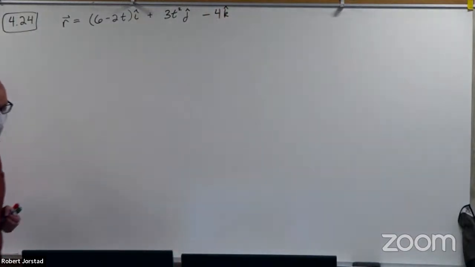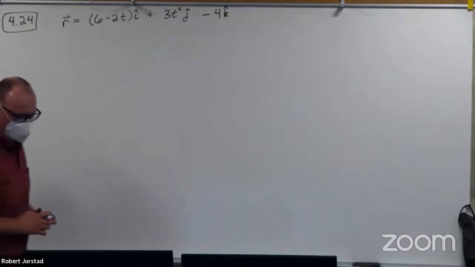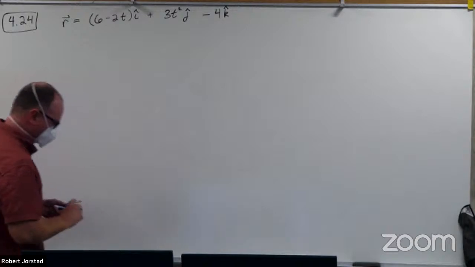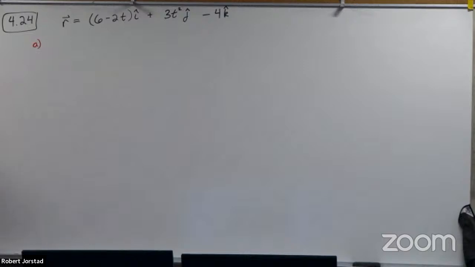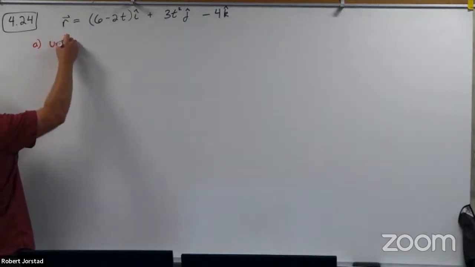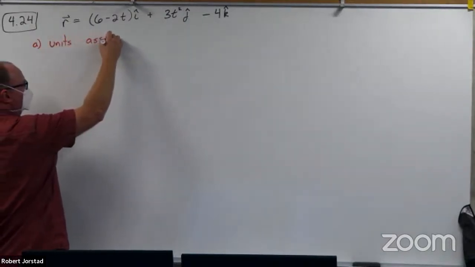Okay, we've got this crazy equation. Part A is important physics. This is like the main difference from the physics problems in your math class. In this case, the question says, what units are assumed on each number?